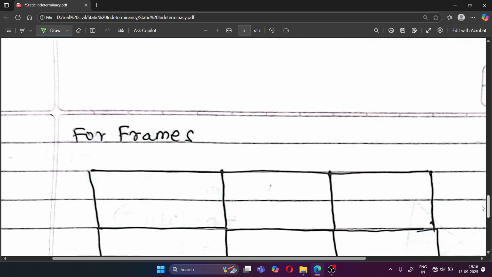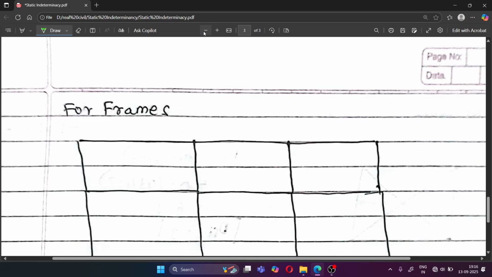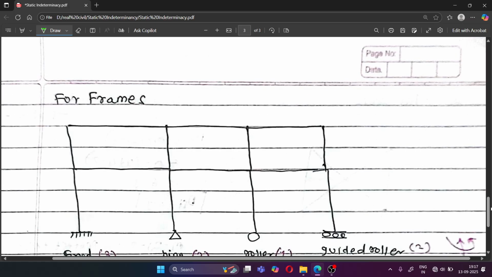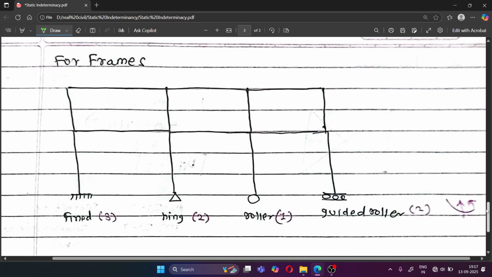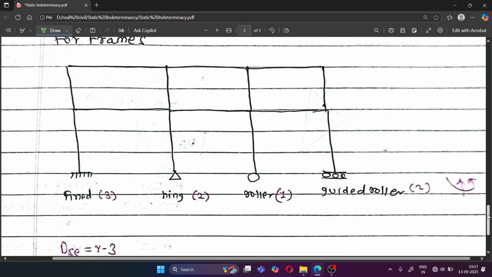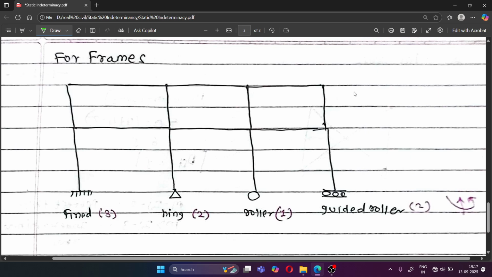Let's go to the frame. I will just zoom out. So here you can see this is the frame. Again the formula for the static indeterminacy is the same, DSE is equal to R minus conditions of equilibrium. Again there are 3 as this is a frame. So we just need to calculate the number of reactions. As you can see here, this is a fixed support, so 3 reactions.